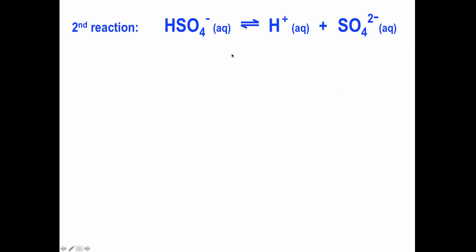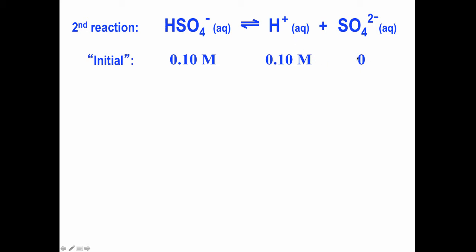Now these we'll use for the starting concentrations when we do the second dissociation. So the second reaction is HSO4- undergoing a further dissociation to make H+ and SO4 2-.